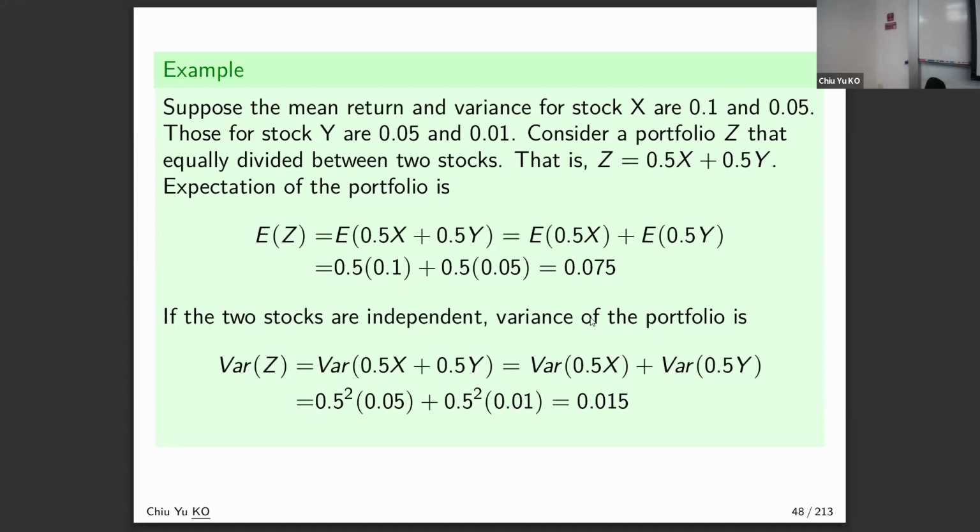return of the portfolio. Suppose half of the money you put in X, half the money you put in Y, okay? And then your expectation of the portfolio will be half of the expectation of X and half of Y, right? So half of 0.1 and half of 0.05. That is your expected return of the portfolio, okay? What the cost of doing so is, is the risk.